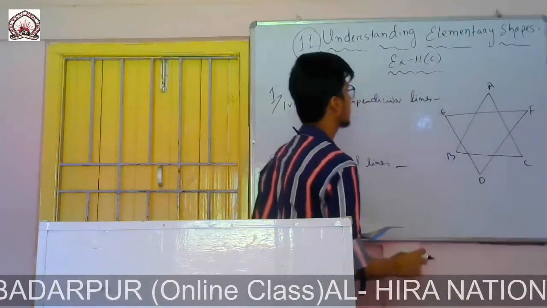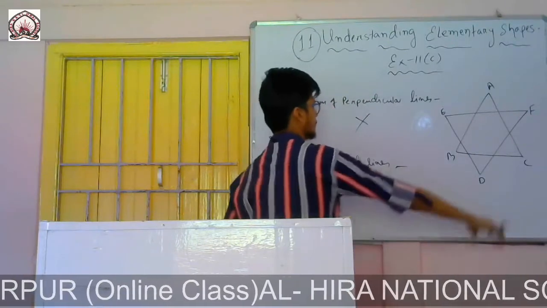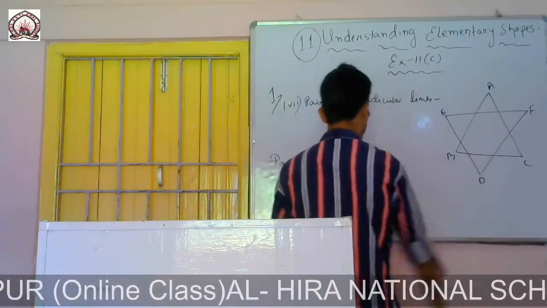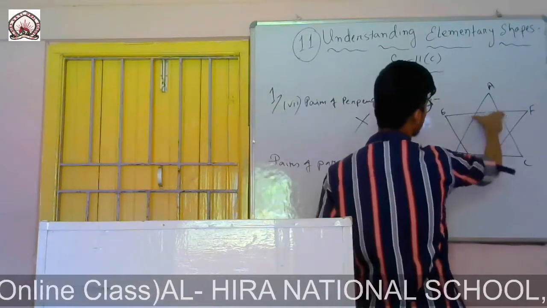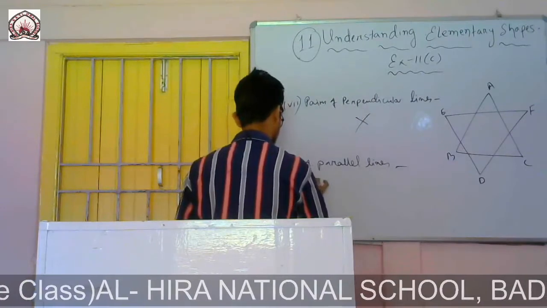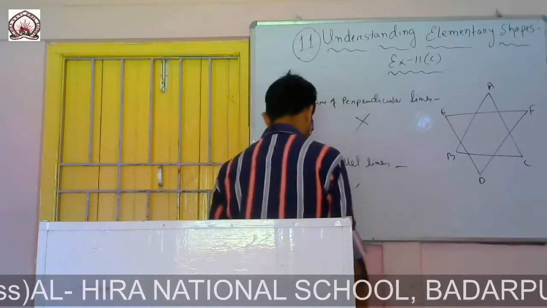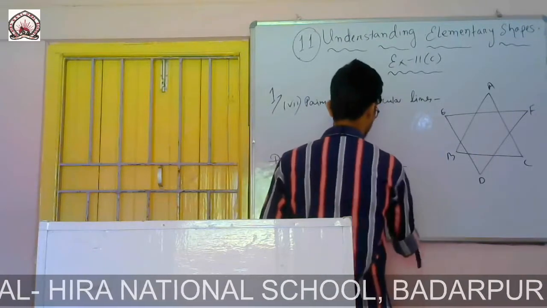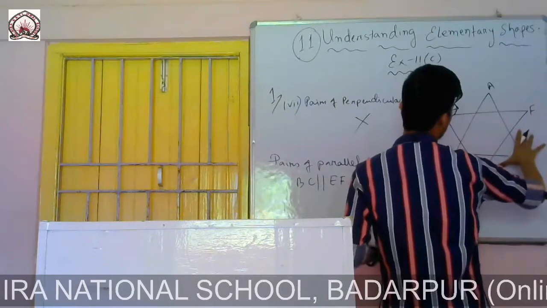So now you see there are no pairs of perpendicular lines, but there are pairs of parallel lines. BC is parallel to EF. So let me write BC is parallel to EF. Then AB is parallel to FD.